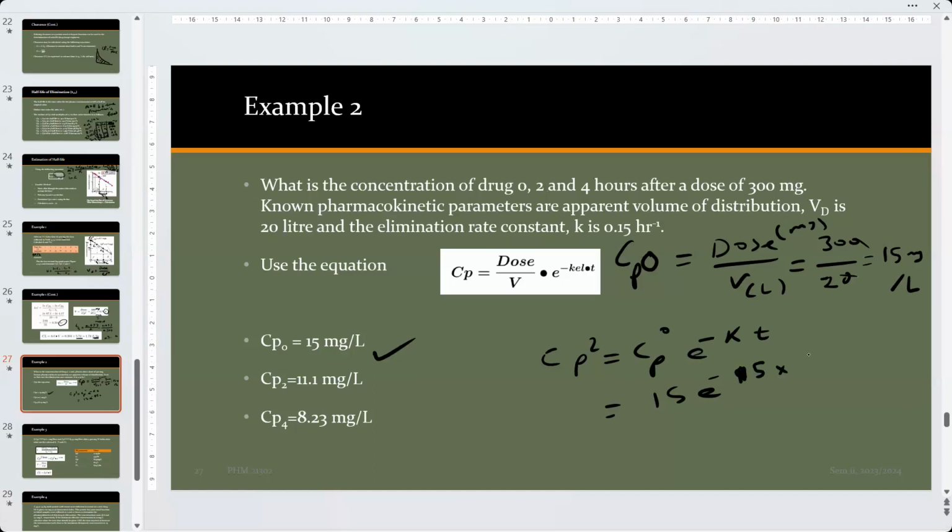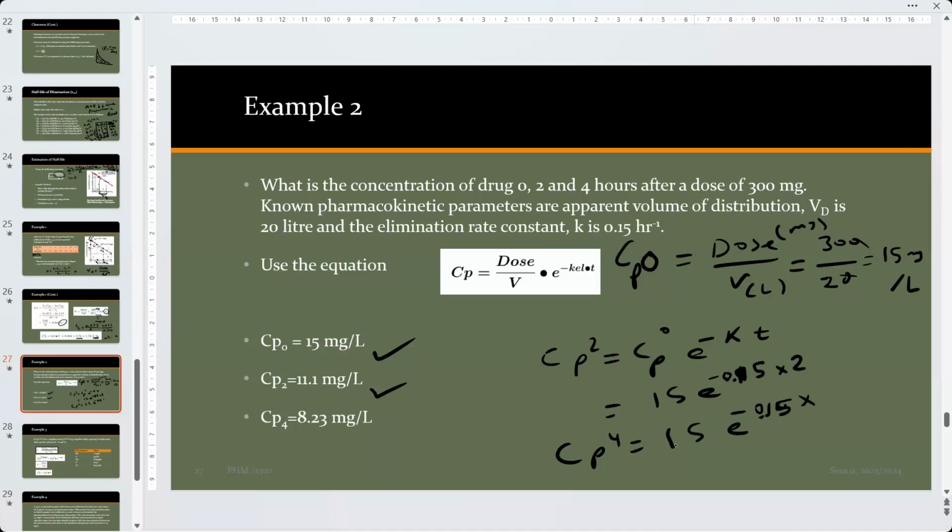The time is 2 hours between the two concentrations. So if you calculate it, you should get this value. CP4, same thing. You can use two ways to calculate CP4. I can say 15 times exponent of, this is CP naught. What is K here? K is 0.15. Okay. So negative K, 0.15.